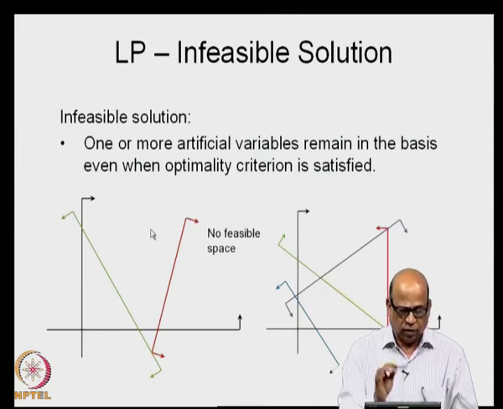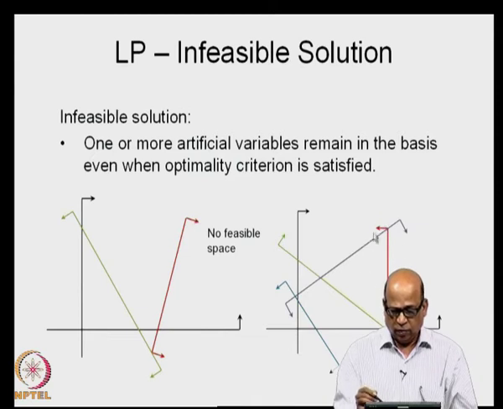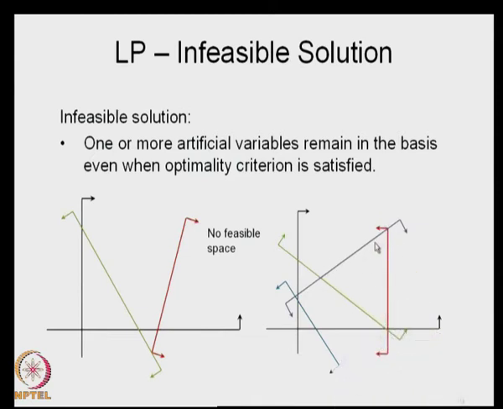So, there is no intersecting region, or you may have a set of constraints which define some intersecting region here and another set which define another intersecting region here, etc., but there is no common intersecting region in the feasible quadrant here. And therefore, any time you are unable to find a feasible solution, a feasible space, that problem is an infeasible problem.